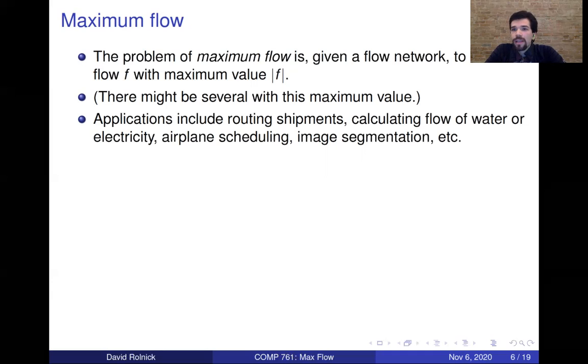Airplane scheduling: if the flow along an edge is like the airplanes going from one place to another, then you need to make sure that at each vertex the net flow is 0, because you can't be sending more airplanes out than you're receiving in.